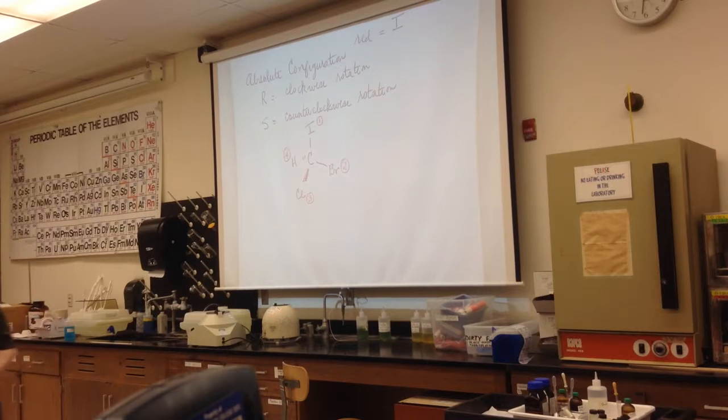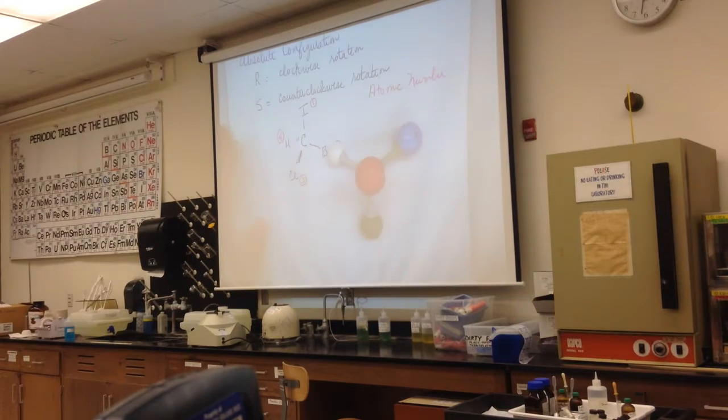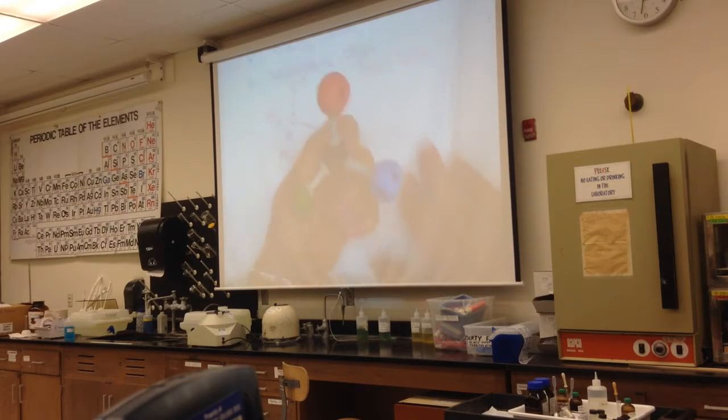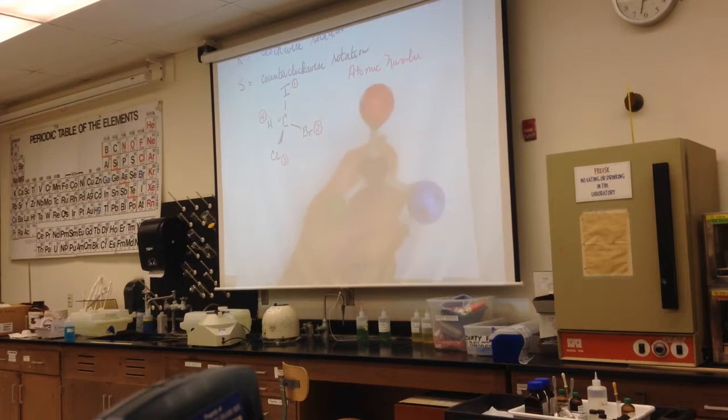So that's how it's atomic number, atomic number. This is all atomic number. Now also by convention, you're going to hold the molecule by the lowest number. Hydrogen is the lowest, so I hold the molecule like that and put the others in your face.